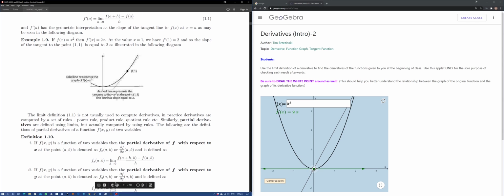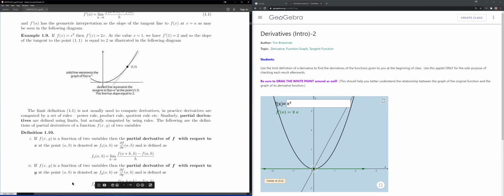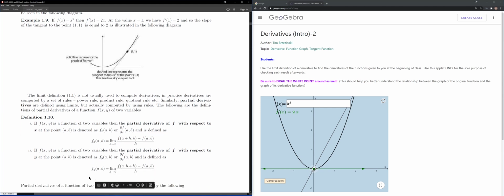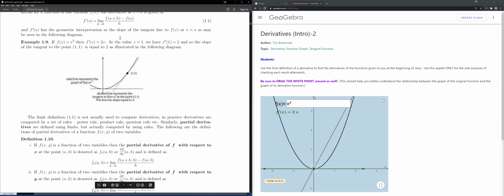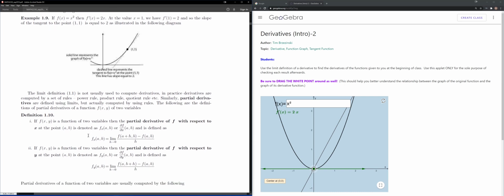If you look at this definition over here, it is very similar to the definition for an ordinary derivative. And the definition for the partial derivative with respect to y is very similar to the definition for the partial derivative with respect to x, right?